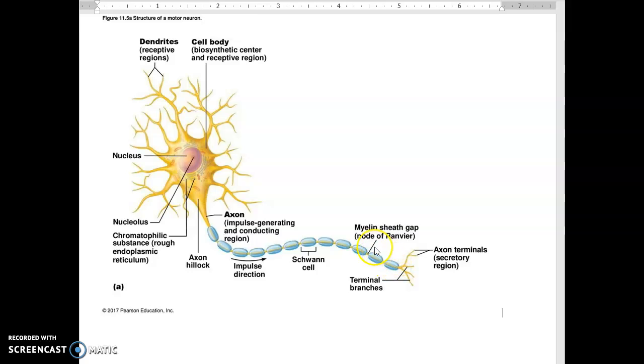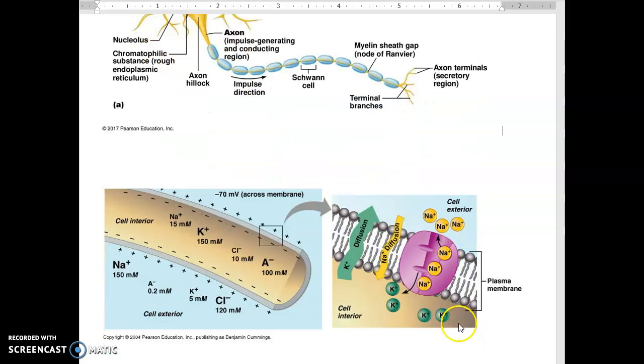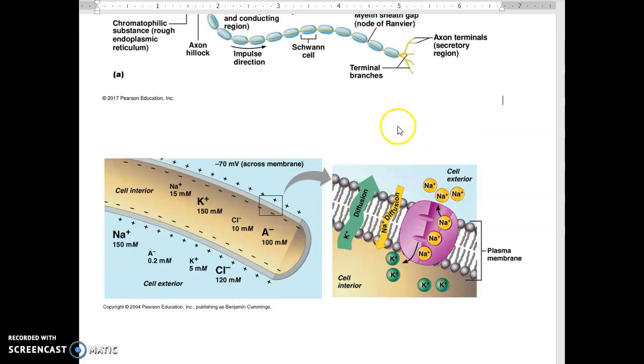Now, we're going to focus on this part of the neuron, the axon, because that's where the signal moves from this area of the cell out to the muscle. If we look at that same axon at rest, we note that there are various ions both in the axon, that's the inside, and outside the axon.